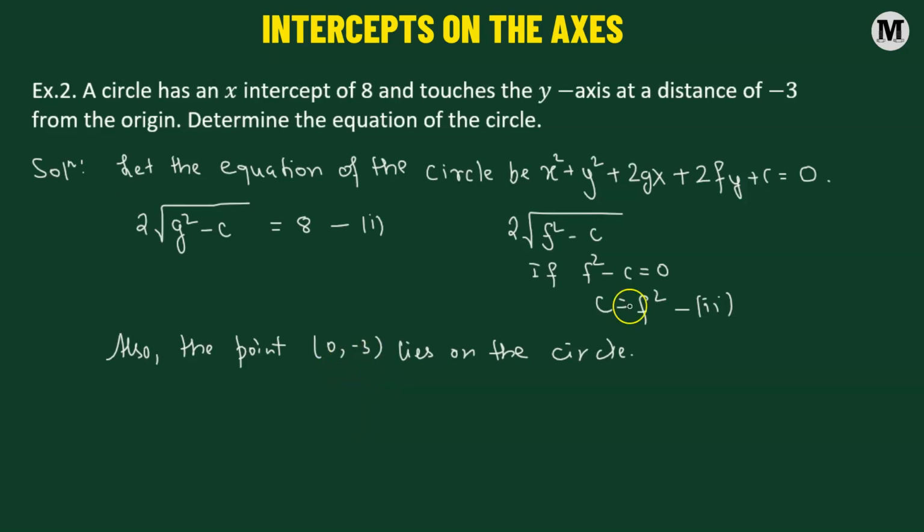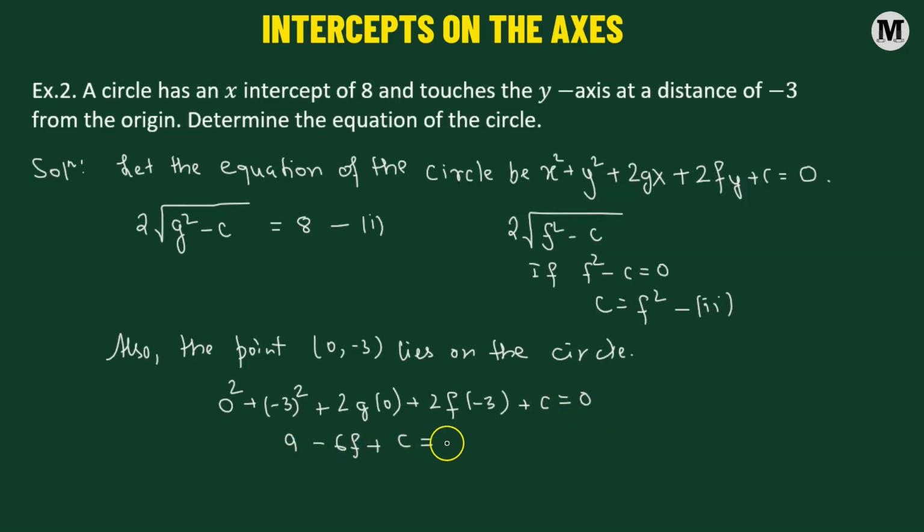Since this particular point lies on the circle, it has to satisfy the equation of the circle. So that means our equation will become 0 squared plus negative 3 squared plus 2g times 0 plus 2 times f times y plus c equals 0. So we're going to get 9 minus 6f plus c equals 0.